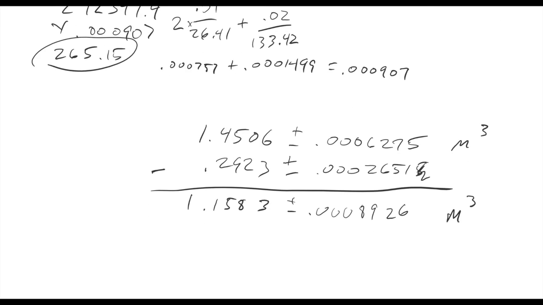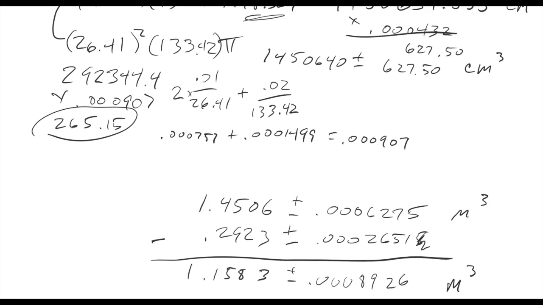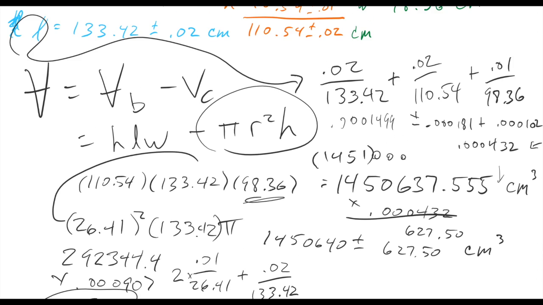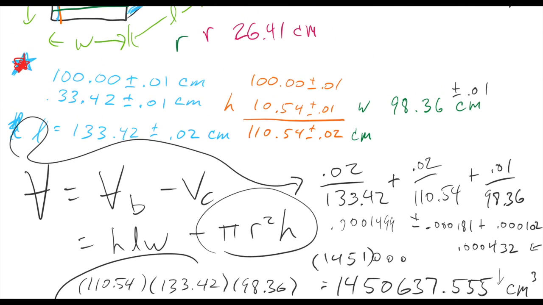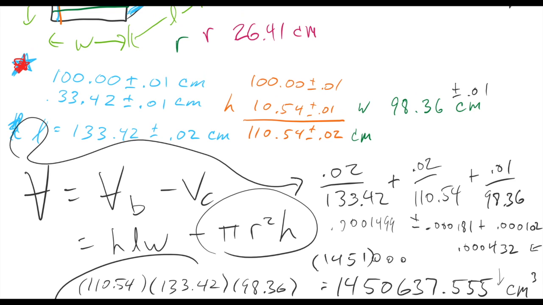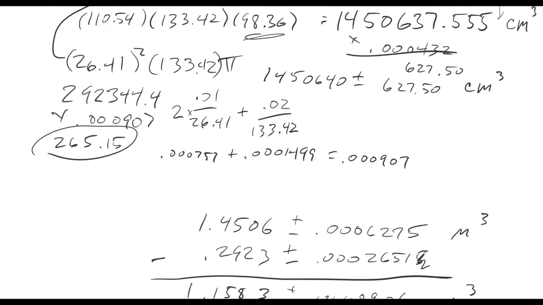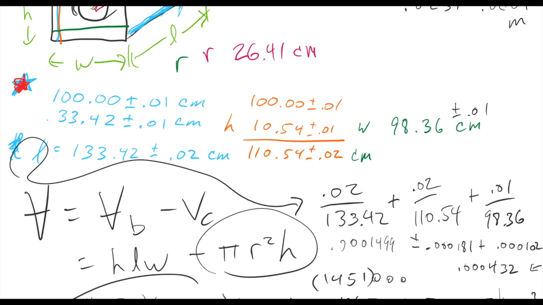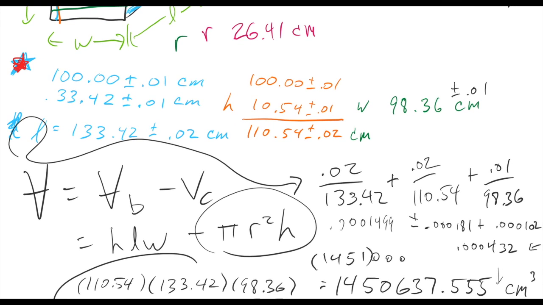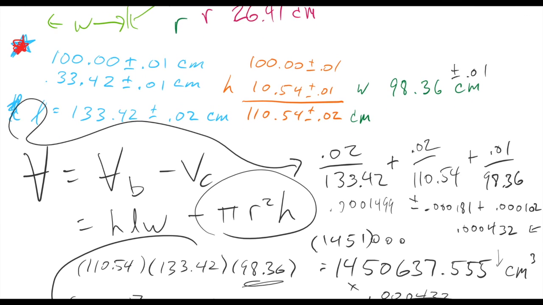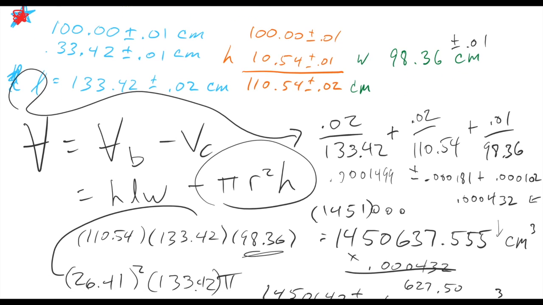Meters cubed. One more step, and that is to get the right amount of significant figures. You remember we started with one significant figure for the error. And when we added our error all together, we had error in the hundredths place.